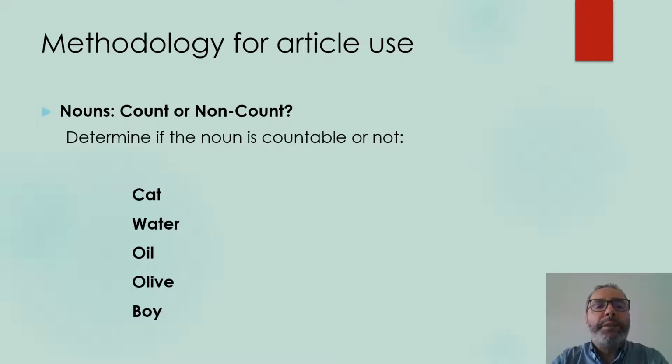Now we're going to see a procedure or methodology for article use. The first consideration is whether the noun is countable or uncountable. Here we have examples. Normally, substances, materials, and food are uncountable, and many other items are countable.